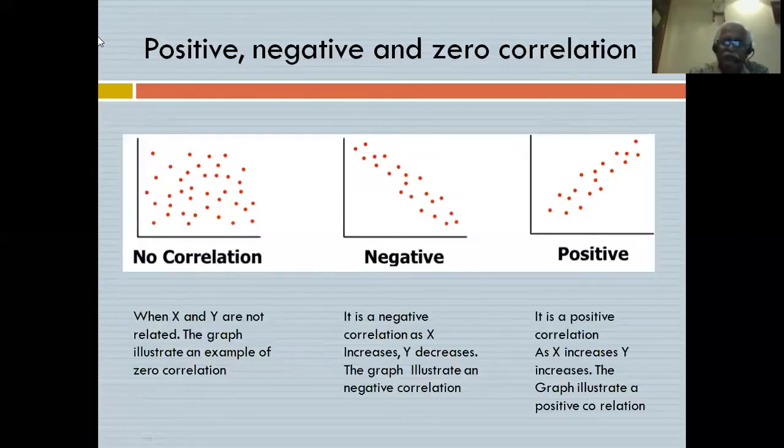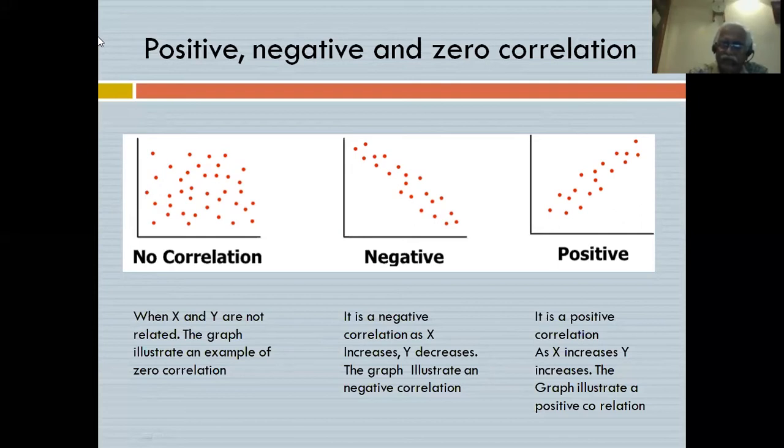Now, look at the picture. We find the first picture is a cluster of points on the x and y axis. They are not related. Zero correlation it is. But in the second, we get a pattern where, with the increase of the x-axis variables, the y-axis variables decrease. This is a negative correlation, whereas here, with the increase of the variables on the x-axis, the y-axis variables also increase.